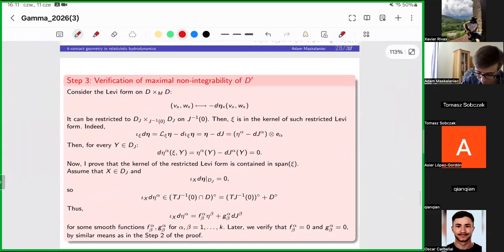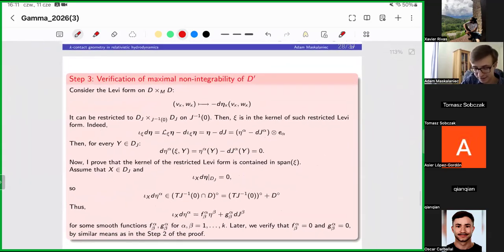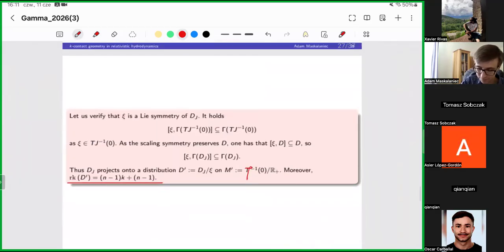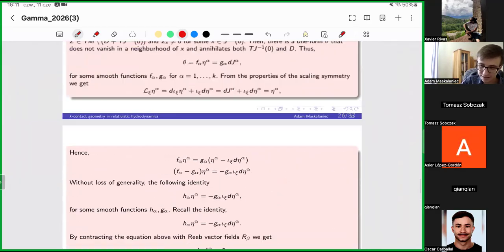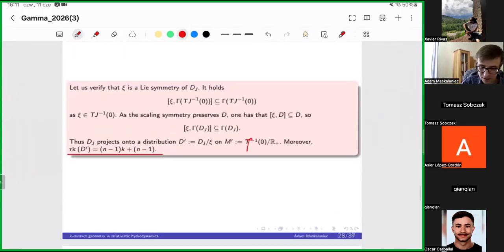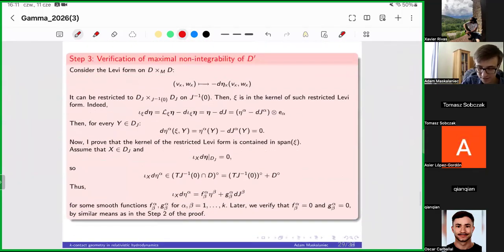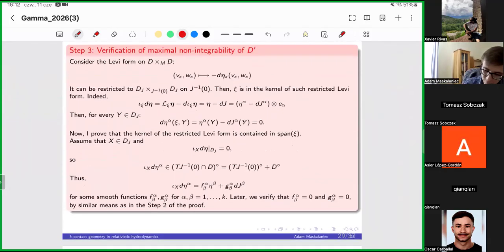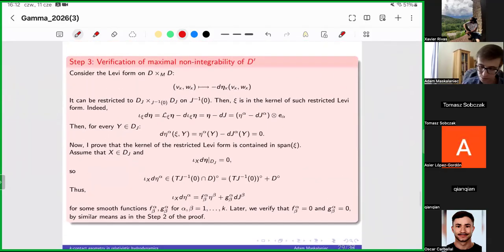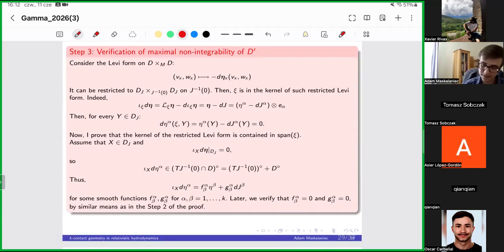Okay. And then, in fact, by very similar means as previously, as at the beginning of the proof here, I verify the conditions that ensure us that our distribution is indeed a k-contact distribution. Okay, so I proceed these calculations on differential forms using the property of our scaling symmetry.